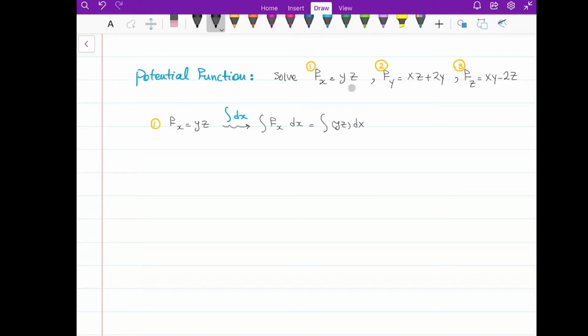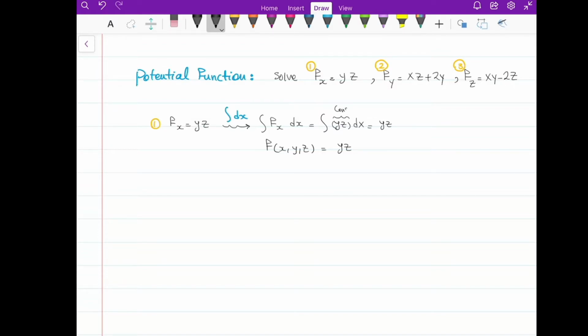On the left hand side, the antiderivative gives me my function f, which is a function of x, y, and z, because the function f is in a space with 3 variables. With respect to x, these two are constant, so I'm going to bring the constant out.